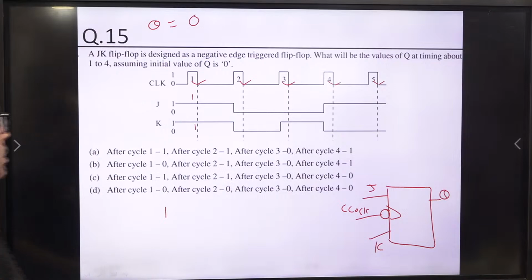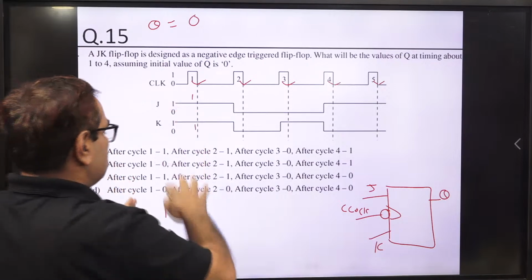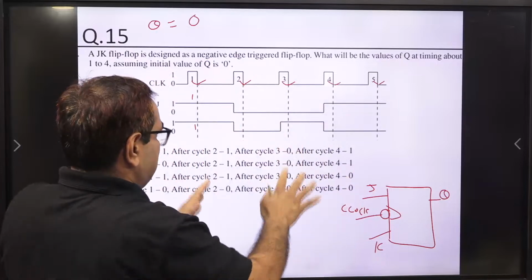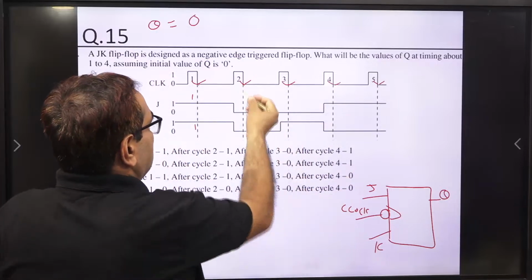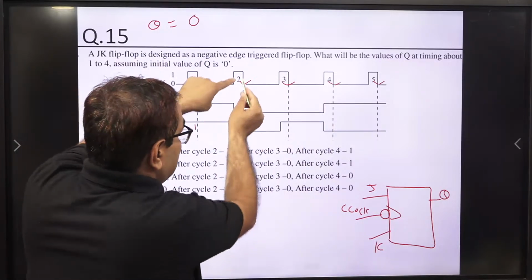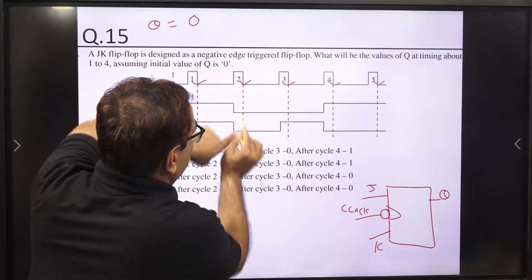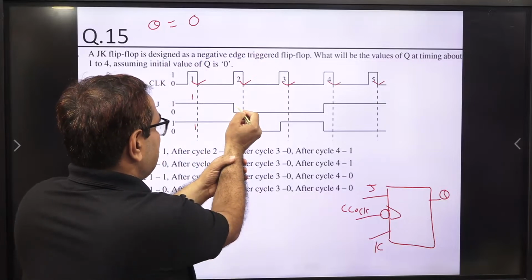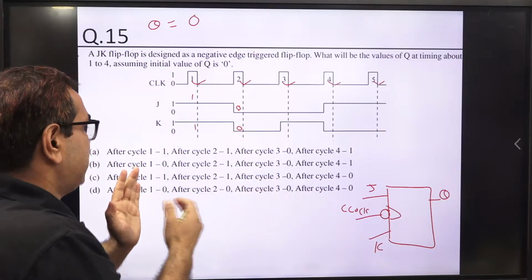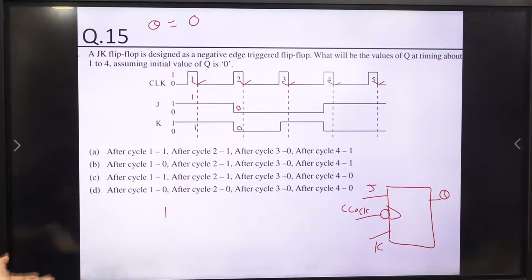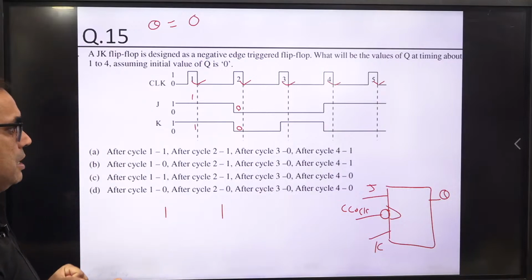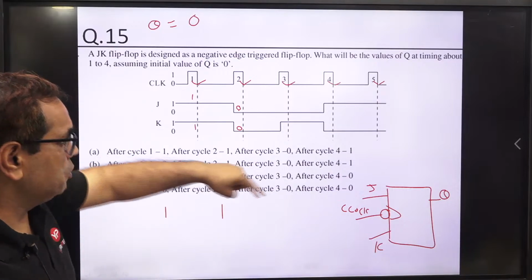Now its state is going to be 1. Up to the next clock pulse, it will not change its state. Now come to the second clock pulse. Just before this negative edge, we check the inputs. Both inputs are 0, 0 here. In case of 0, 0, there is no change. So it is 1, and it will remain 1 after the second clock pulse also.